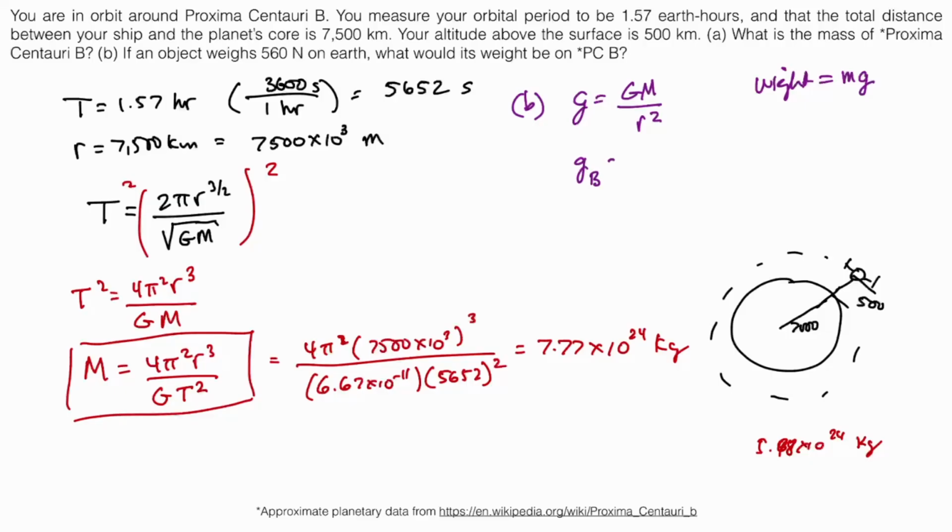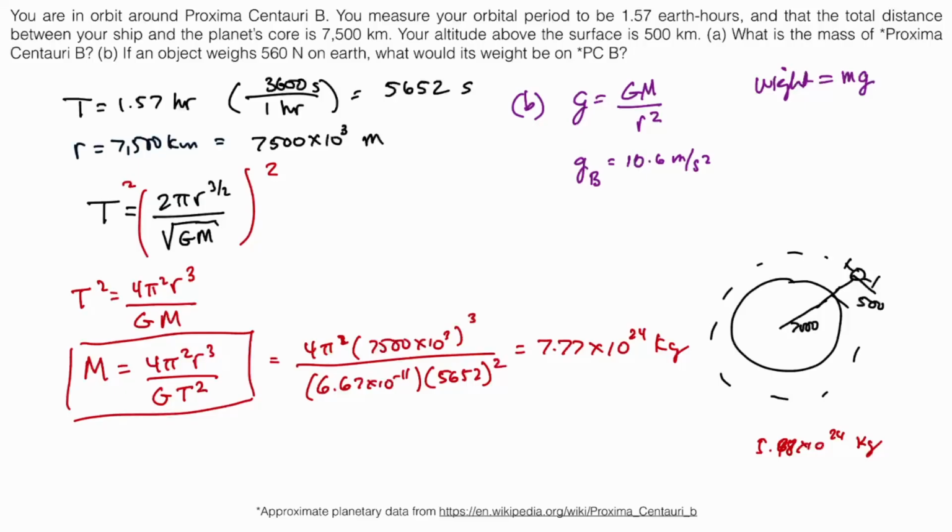I threw in the numbers and got 10.6 meters per second squared. Does gravity feel weaker or stronger there? A little bit stronger, but not by much. After a couple hours on the surface of Proxima, you probably wouldn't notice the extra 1 meter per second squared. But now we need to know the mass.